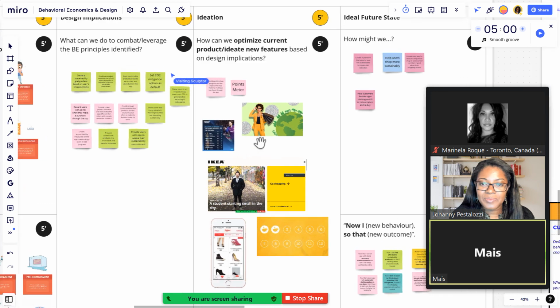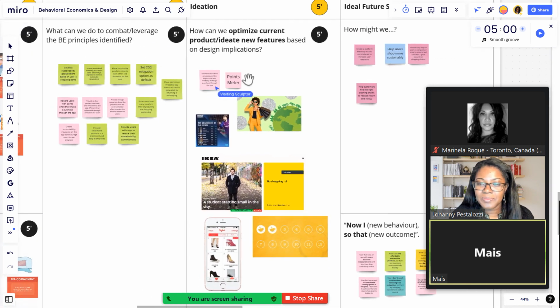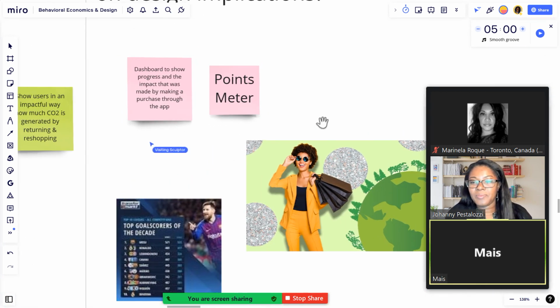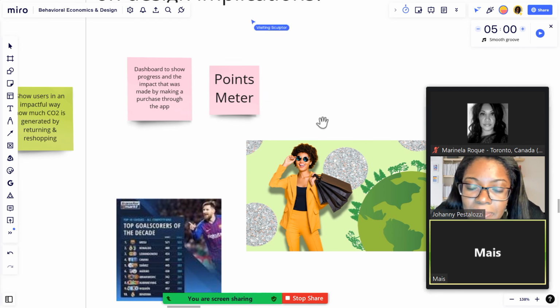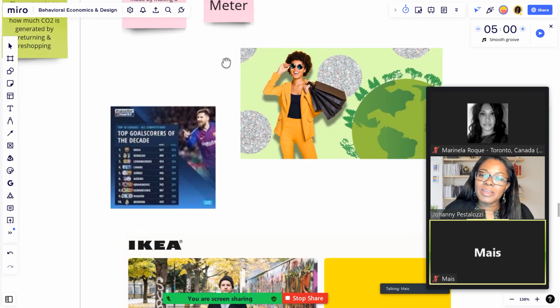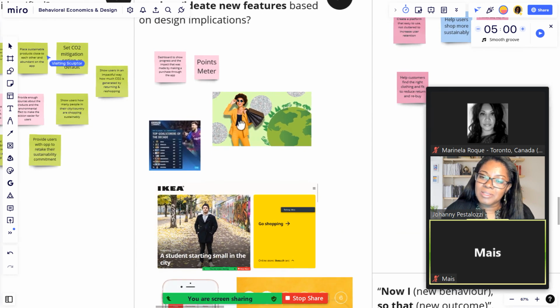I wrote two, which is the dashboard to show progress. And also another feature is a points meter, just to show people how much they're making off of points whenever they make a purchase. Okay, perfect. I was thinking about something similar.